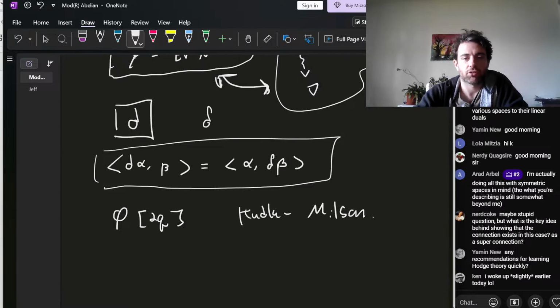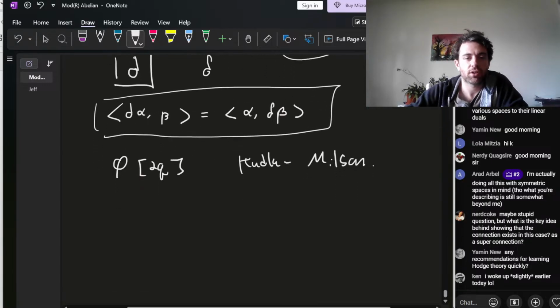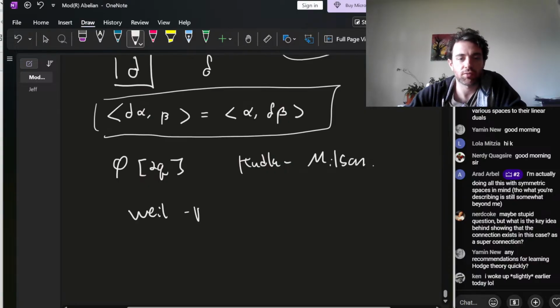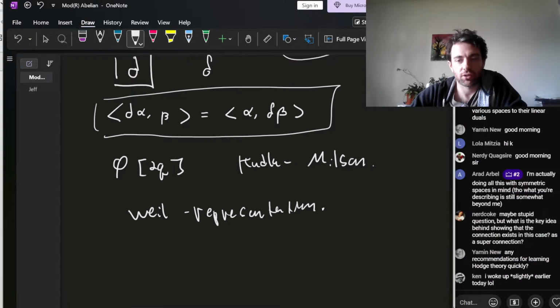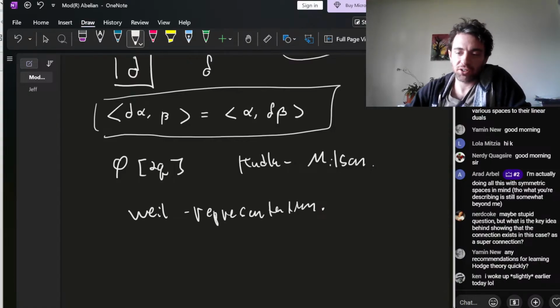I don't really understand the general theory of this, but vaguely it has something to do with the Weil representation. And I don't know. Good job, Ken. Woke up slightly earlier, caught some of office hours.